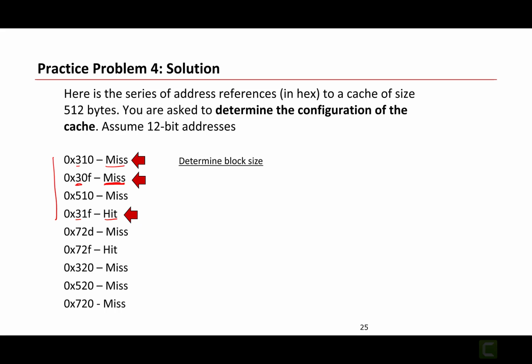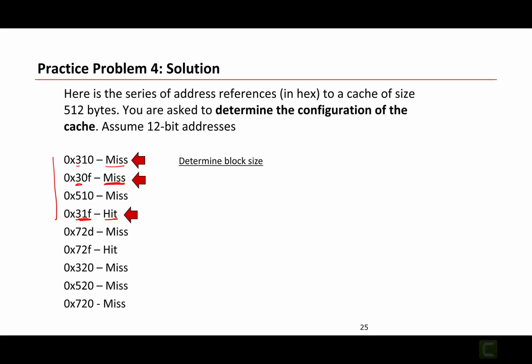So that should give us an upper bound on what the cache block size should be. And the second access, or sorry, the third access is a hit, and this address was not accessed before. So that means you're exploiting spatial locality. So this should give us a bound on the smallest possible block size. So between those two constraints, maybe we could figure out what the block size should be.